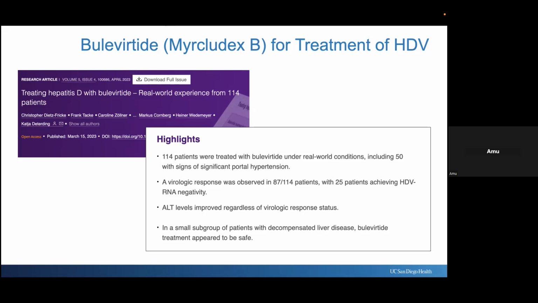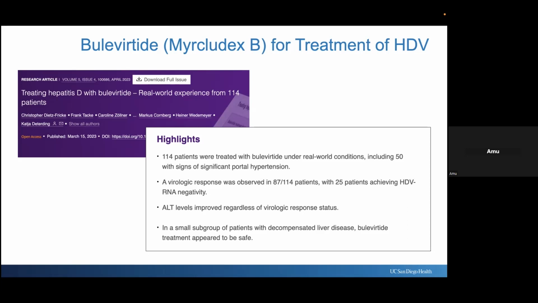And this study was just recently published, which showed that of 114 patients that were treated with bulevirtide, the vast majority of them had virologic response, with 25 patients achieving hepatitis D RNA negativity, and that ALT levels improved regardless of virologic improvement.